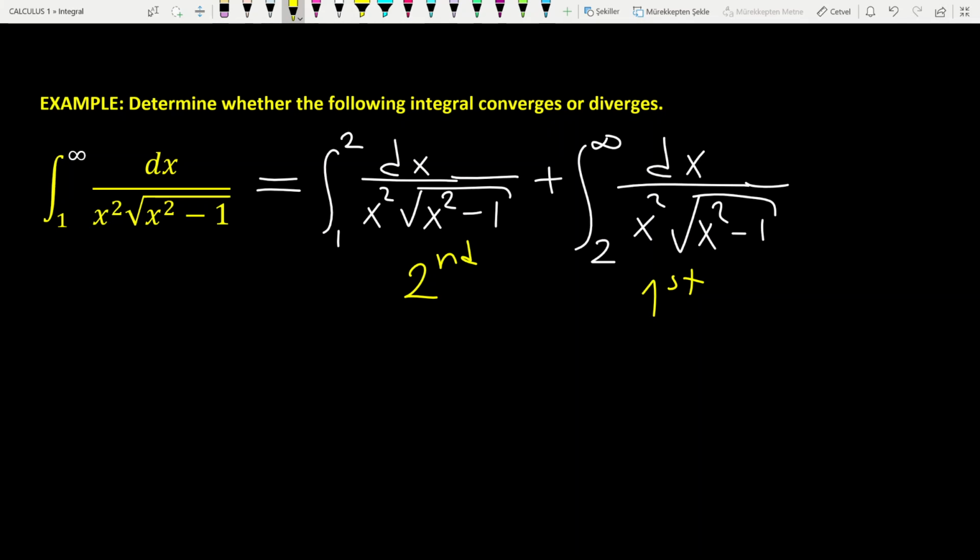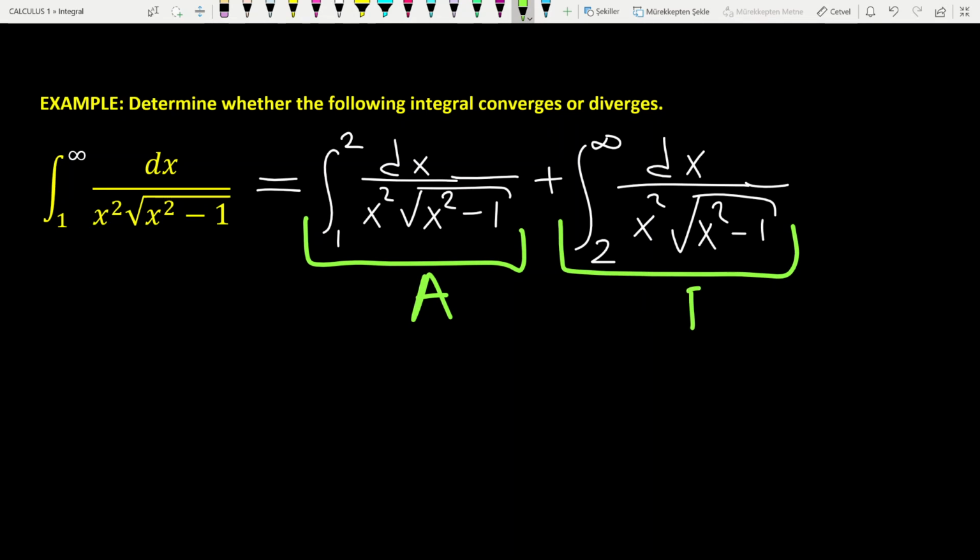So I will apply some tests and determine the convergence of these improper integrals. Let's call the first one A, and the second one B. Let's start to discuss part A. I want to apply the modified limit comparison test to part A. In this case, I want to take Q as 1 over 2.